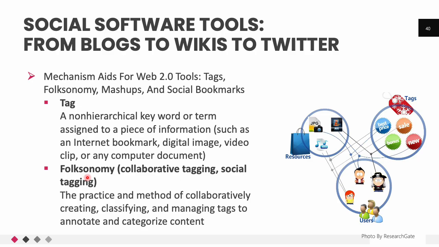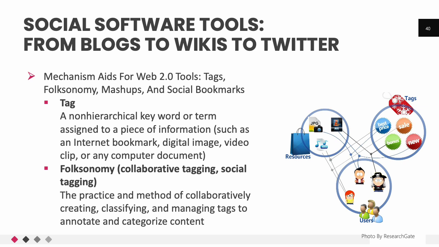Like Flickr, the popular photo sharing site: thousands of users upload photos and tag them, and many people tag a photo of a cat with cat, then feline, pet, or cute, something like that.